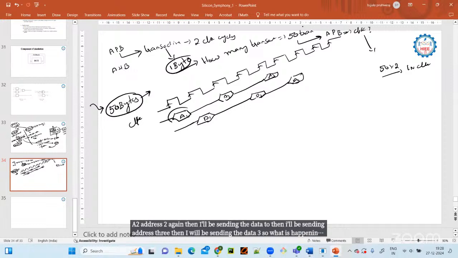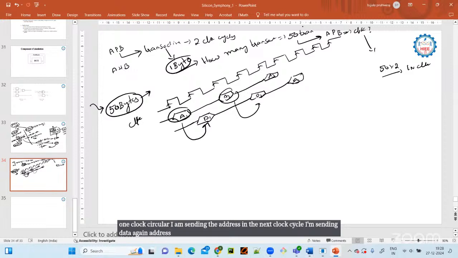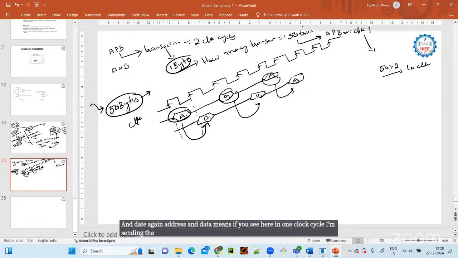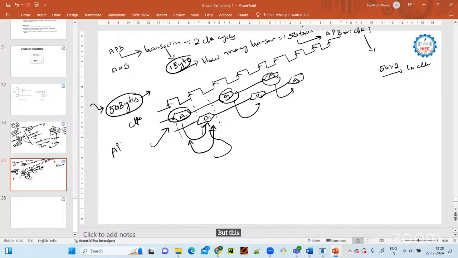In one clock cycle I am sending the address, in the next clock cycle I am sending data, again address and data, again address and data. So each transaction takes 2 clock cycles: in one clock cycle I send the address, and in the second clock cycle I send the data. But this is with respect to APB.